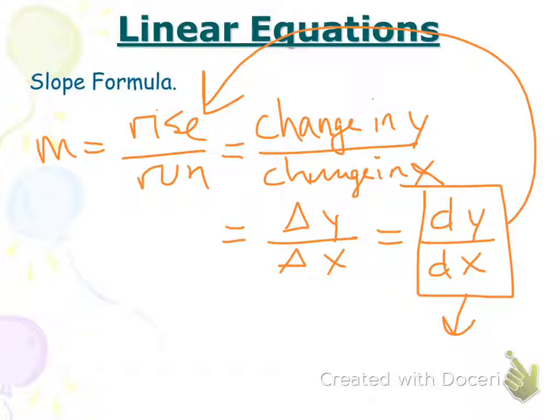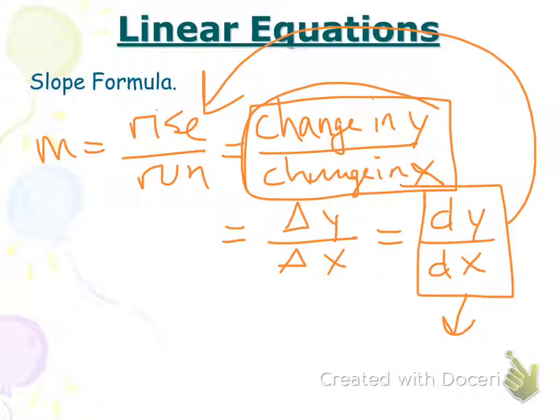The slope formula: to find the change in y over the change in x, how do you find the change between two values? You subtract the values, right? The change from 2 to 10 is 8. The change from 10 to 2 is negative 8, right? So we can measure change by subtracting the values.